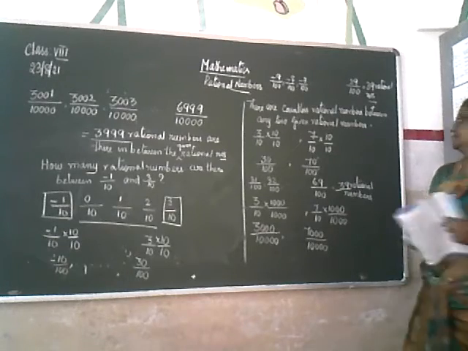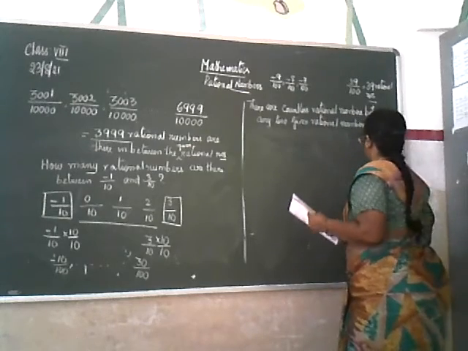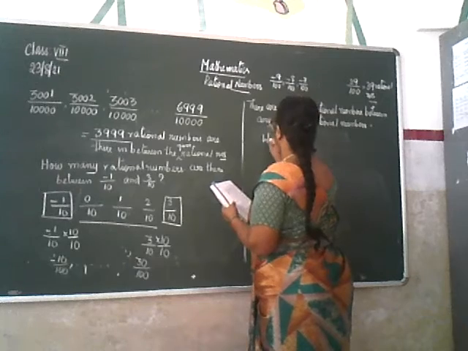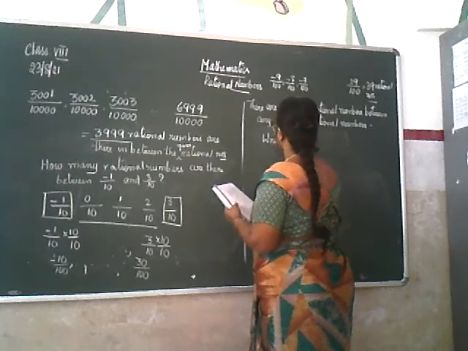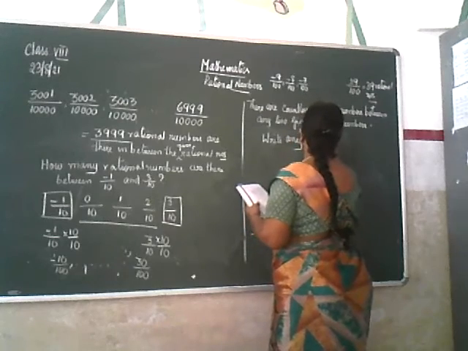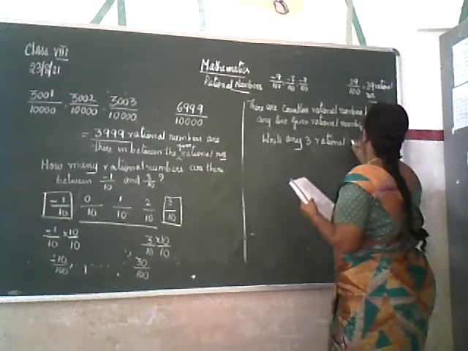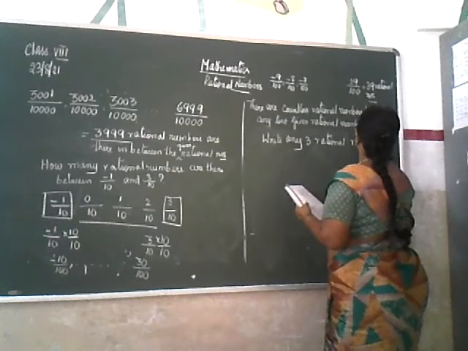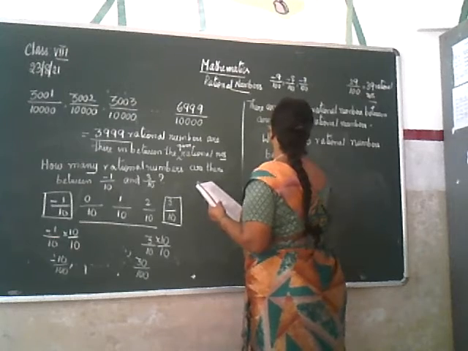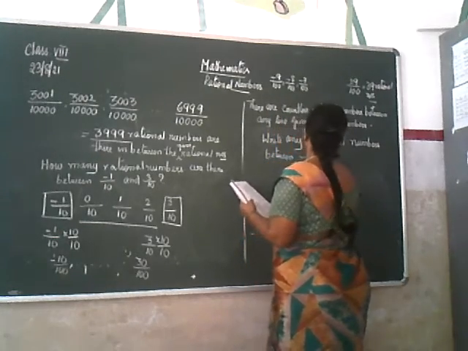Understood now? Yes. Now, write any three rational numbers between minus 2 and 0.